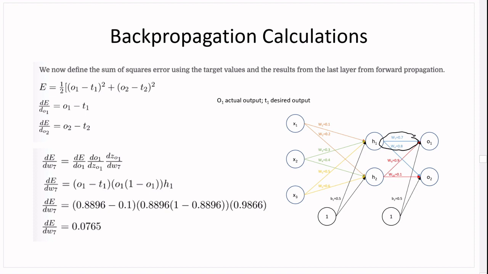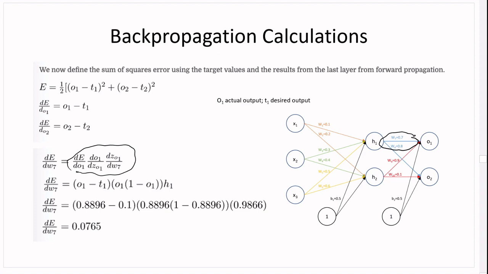And if you want to calculate dE/dW7, through the chain rule it is given by this expression. Each term here can be calculated. So if you look at dE/dW7, you will find that this turns out to be (O1 minus T1) times O1 times (1 minus O1) multiplied with H1.